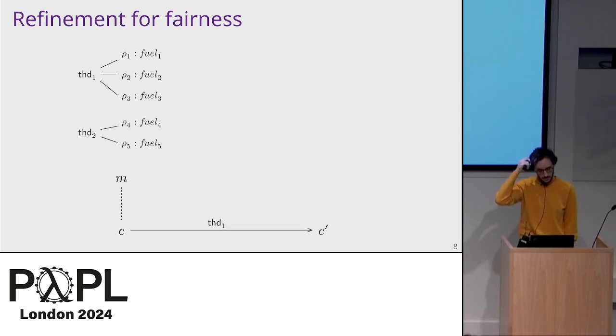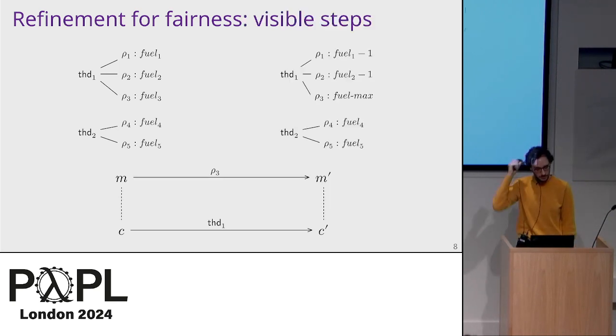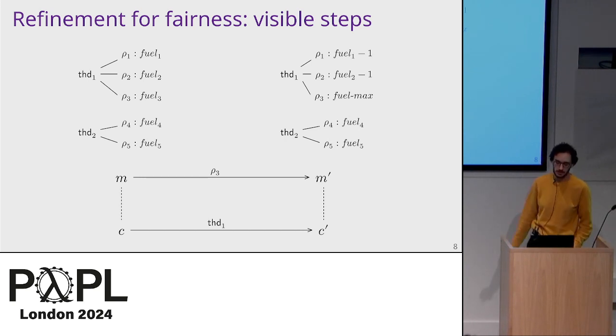Now let's say thread 1 takes a step, and then it yields a configuration C prime. Now we can wonder which corresponding steps the model can take according to the refinement. So there are two cases. One is that the model does take a step. In that case, it's role 3 which takes a step, and it has to be linked with the thread which took a step, right?